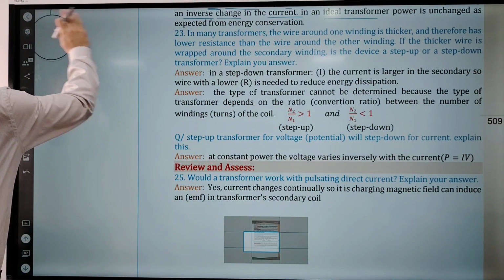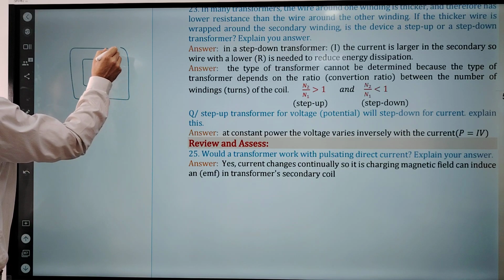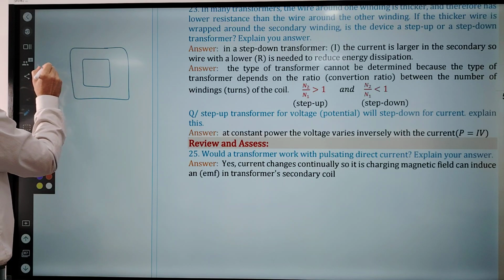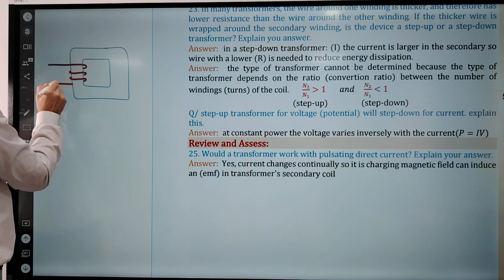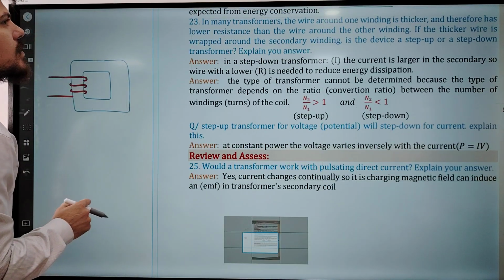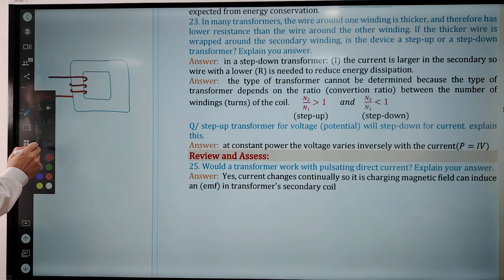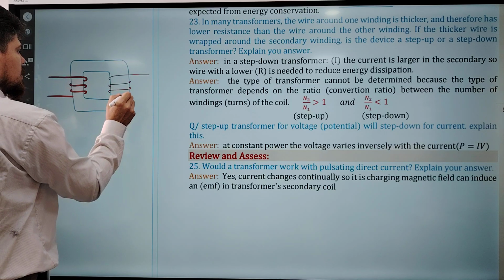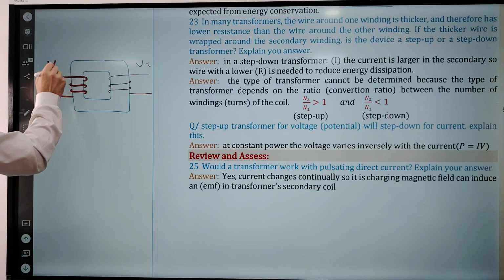if I draw the figure for this question, if you have a transformer and a winding with a thick wire, the output is V2 and this is V1.